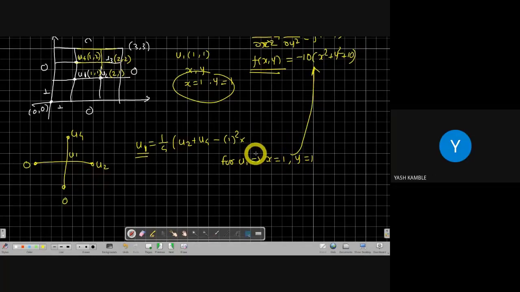F of XY, फंक्शन मध्ये. जी काही व्हॅल्यू येईल फंक्शन एफ ऑफ एक्स वाय ती इथे लिहायची. काय ते व्हॅल्यू बघा बरं. परत हे इक्वेशन तुम्हाला लिहायचं आहे कॅल्क्युलेटर मध्ये. 150 correct, and get the value of u1. So again you will get the equation here, 4u1 u2 plus u4 minus 150.